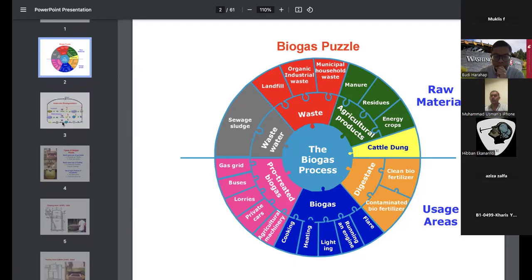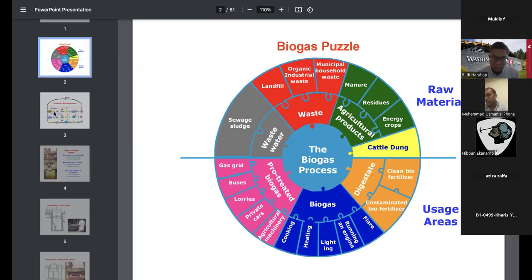As a result of digestion of these materials, we get two products. One is biogas, which is shown in blue color, and the other product is digestate, which is shown in yellow color. Biogas can be used for cooking, heating, lighting, and running an engine, as well as for the flaring process, whereas the digestate can be used as a clean biofertilizer or contaminated biofertilizer.